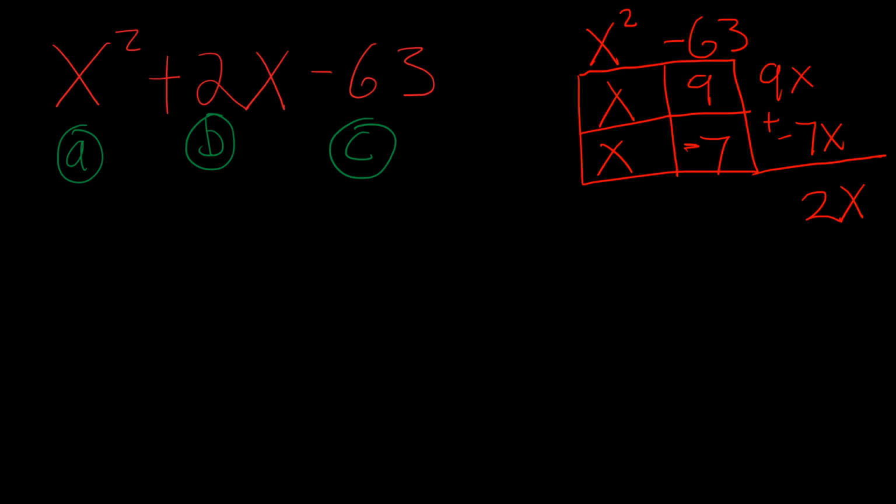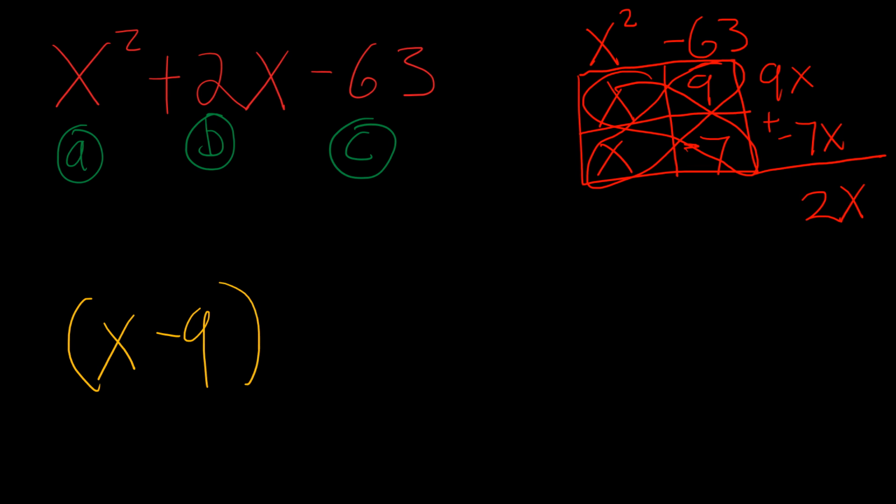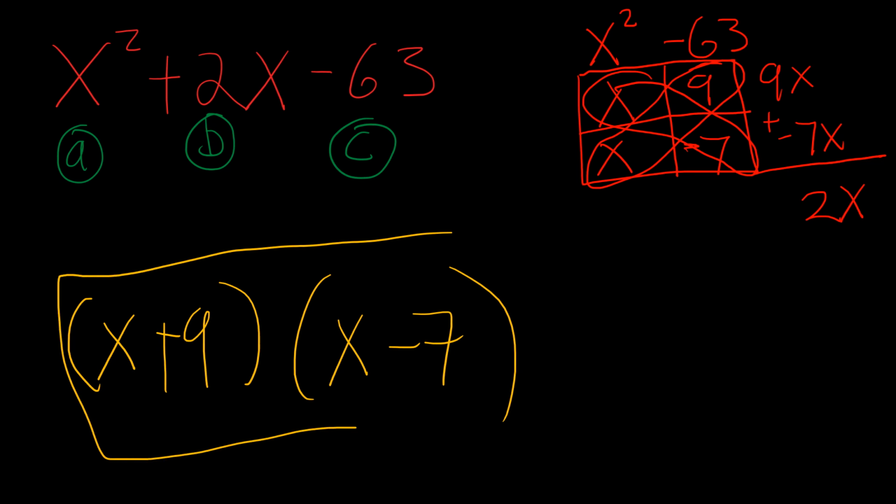So here our factors would be x plus 9 and also x minus 7. So I'm going to write that here. Whoops, it'd actually be x plus 9, x minus 7. Awesome.